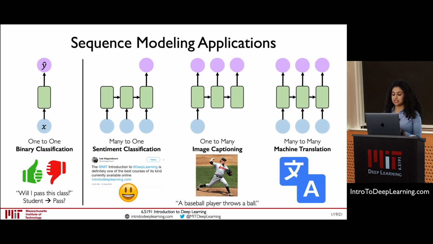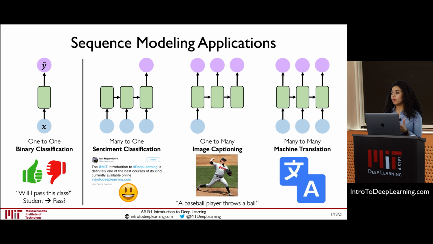Finally, we can also consider this situation of many-to-many, where we're now translating from a sequence to another sequence. And perhaps one of the most well-known examples of this type of application is in machine translation, where the goal is to train a model to translate sentences from one language to another.